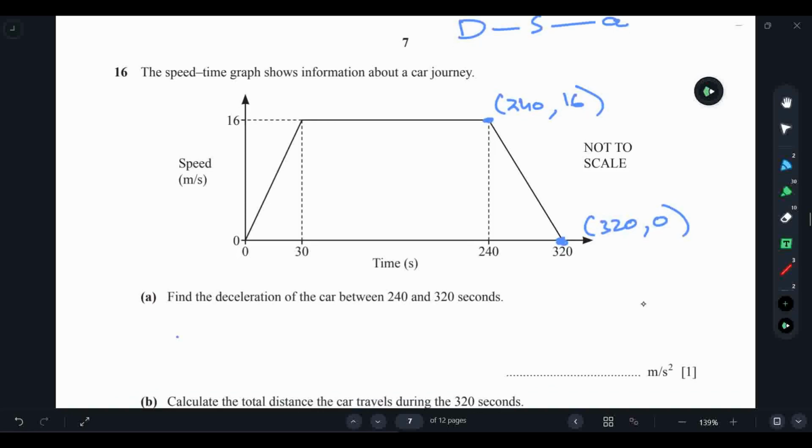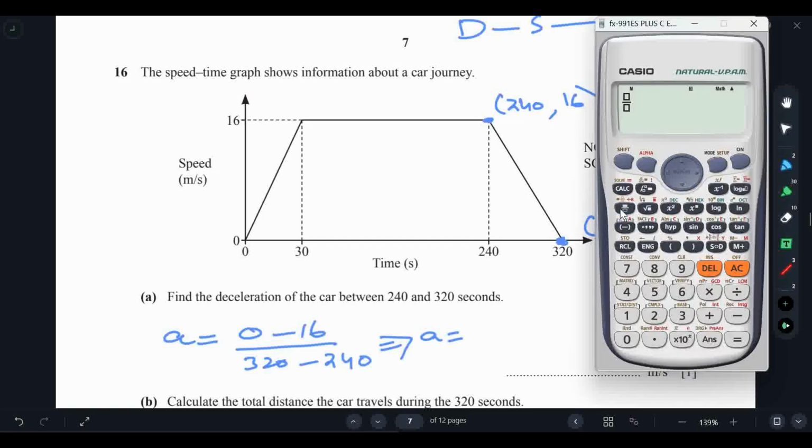Now acceleration will be equals to 0 minus 16 divided by 320 minus 240.